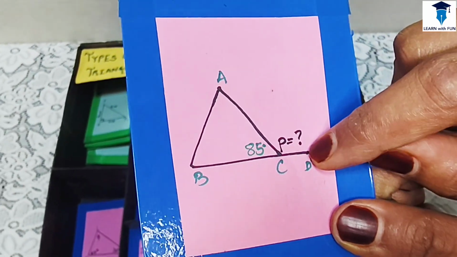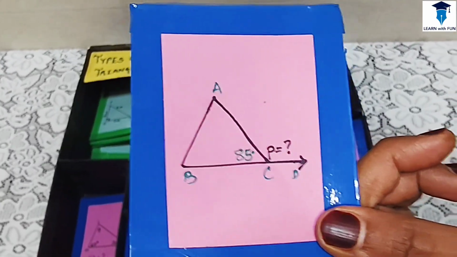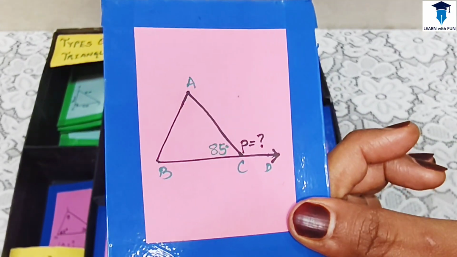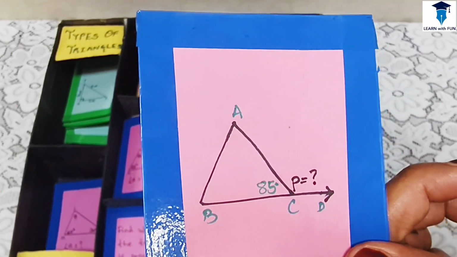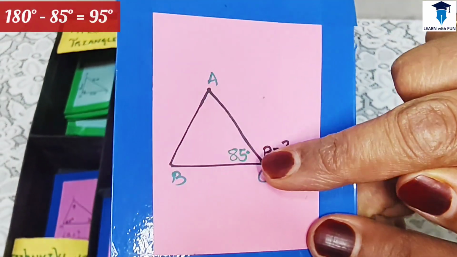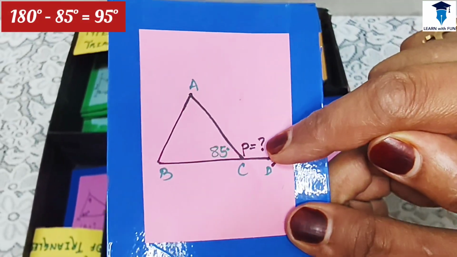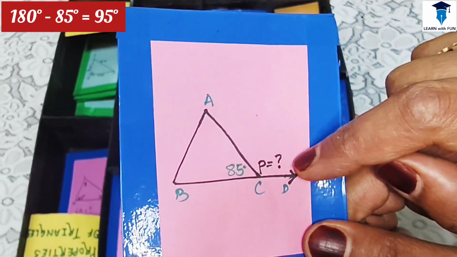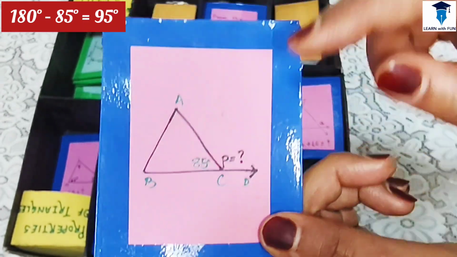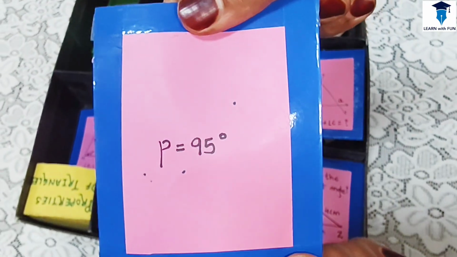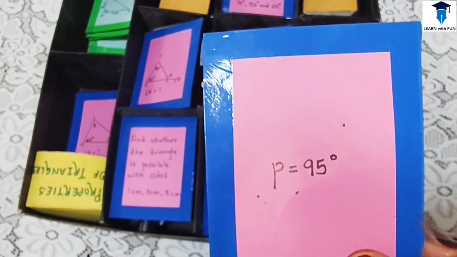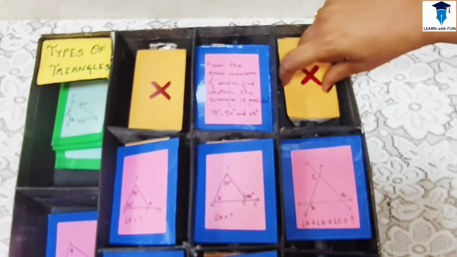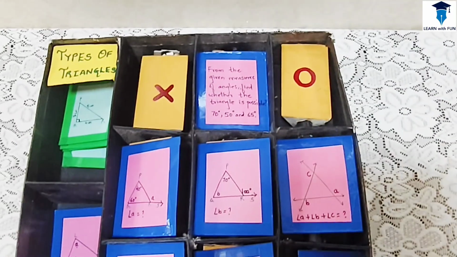In the linear pair concept, the child will easily be able to give the measurement of angle ACD. A linear pair forms 180 degrees. So 180 minus 85, definitely he will say that angle ACD has to measure 95 degrees. Is it 95? Yes, it is 95 degrees. So the 0 will be placed over here.